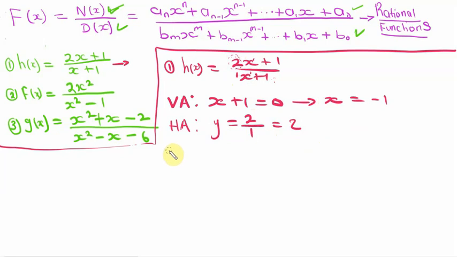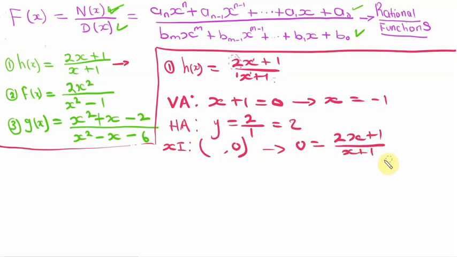Other points that we need to find: the x-intercept. We find the x-intercept when y is 0. So h of x we replace with y, and we equate the entire equation to 0, so 0 equals 2x plus 1 over x plus 1.